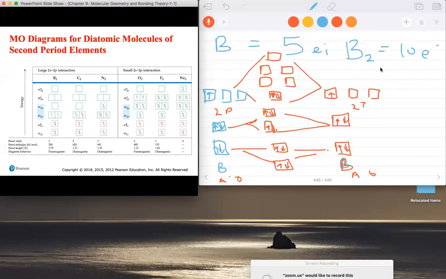The 2s, 2p, 10 electrons, each from the 1s and the 2p, and the bonding and antibonding electrons.